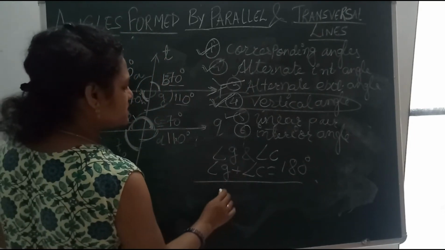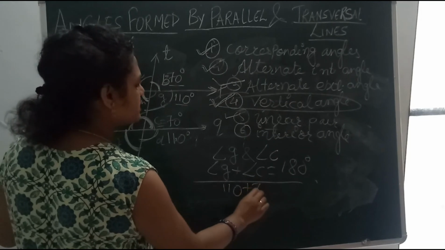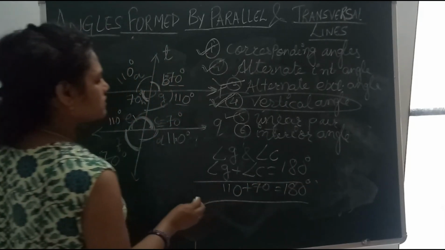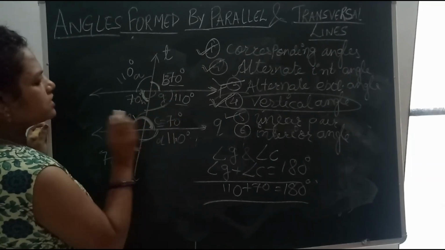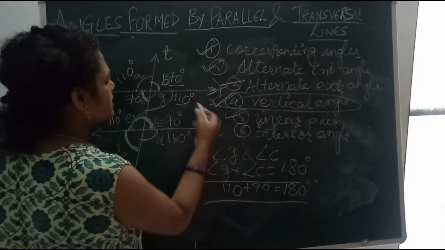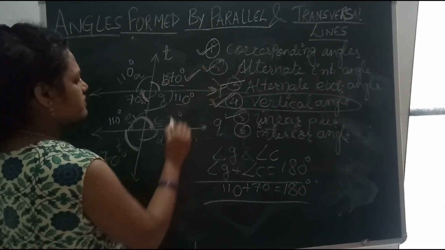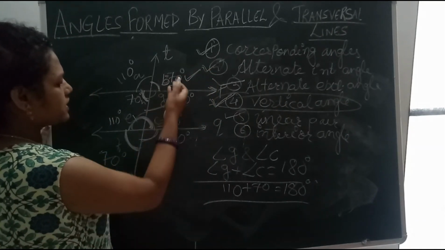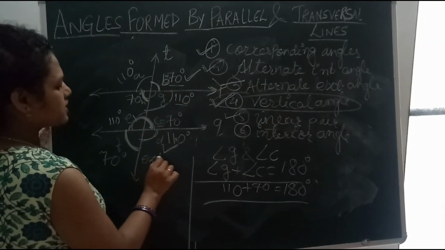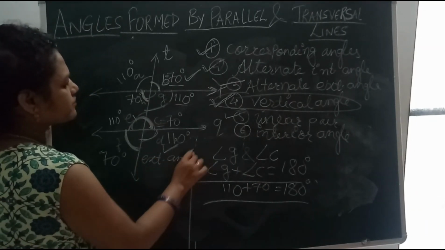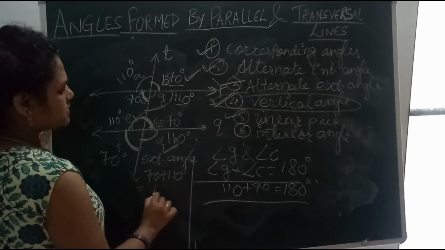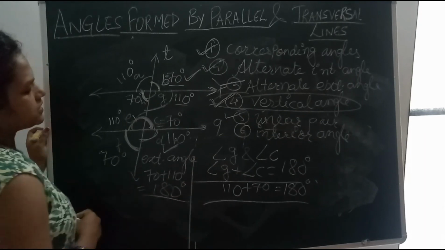How? Angle G is 110 plus 70, you will get 180. This is your interior angle. And again when you see exterior angle, this 70 plus 110, again you will get 180, that is your exterior angle.